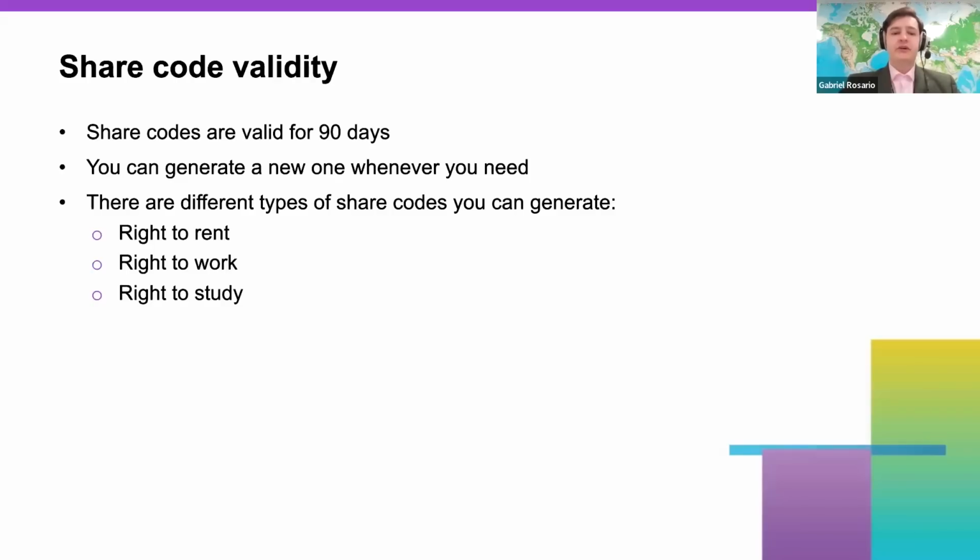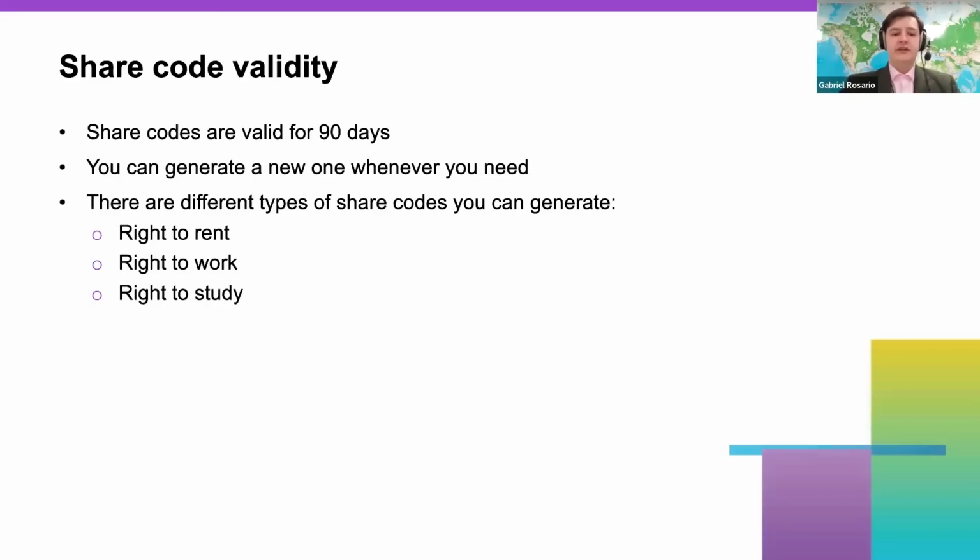There are 3 different types of share code that you can generate. A right to rent share code. This will be used for any renting agreements that you will have with your landlord or with an estate agency. A right to work share code, which will be shared with your employer, and it will give details on the working conditions of your visa.